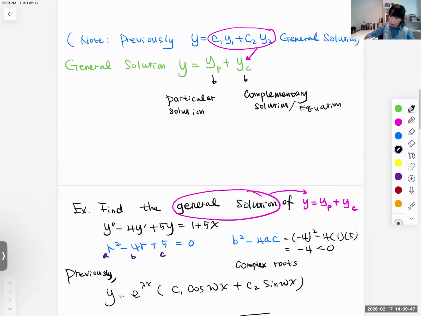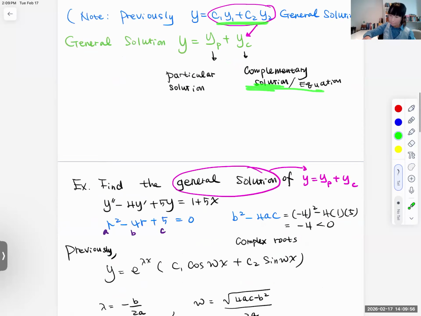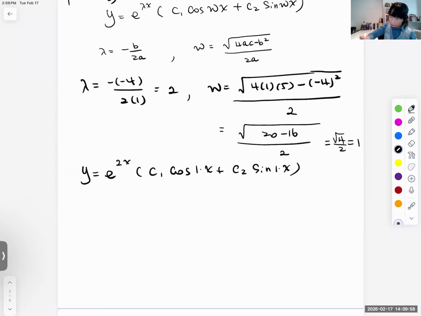So we say this form is the complementary equation. Complementary equation. Let me denote the equation like that.